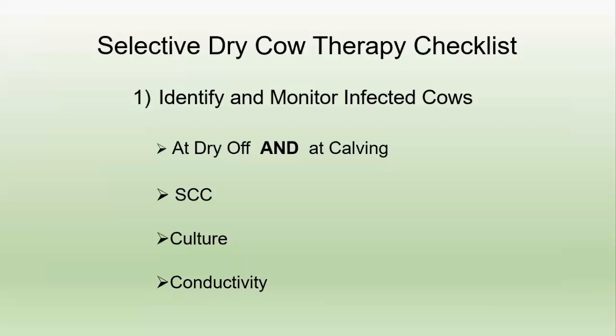The important thing here is that you not only need to identify those cows that you may or may not treat at dry off, but you must also be able to monitor any changes in these cows after calving. It's not enough just to identify the cows that you may or may not want to treat, but you have to follow the impact of your decision.